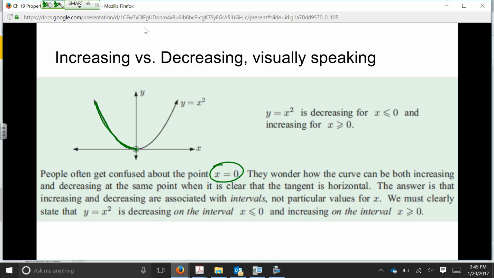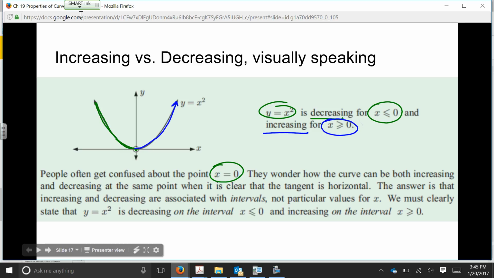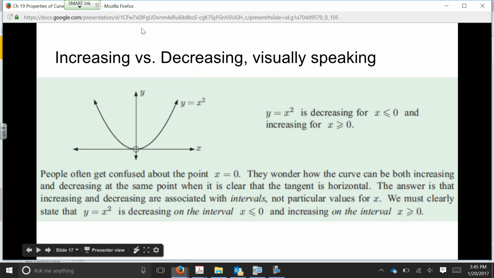So we say y equals x squared is decreasing for x less than or equal to 0. But we also say that it is increasing for all x greater than or equal to 0. Don't get bogged down in the fact that we're talking about the x equals 0 part, because it's not really changing anything. It's just telling us that over that interval, that's what's happening.